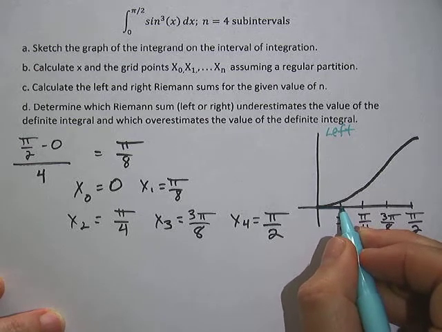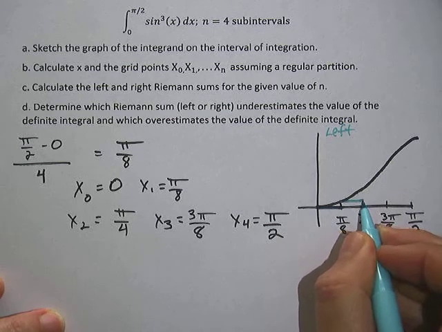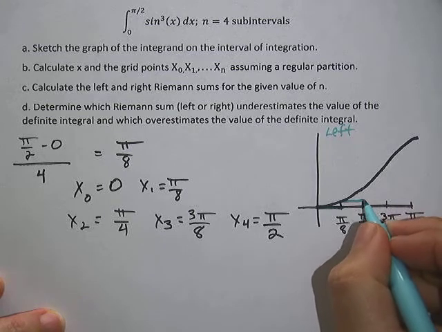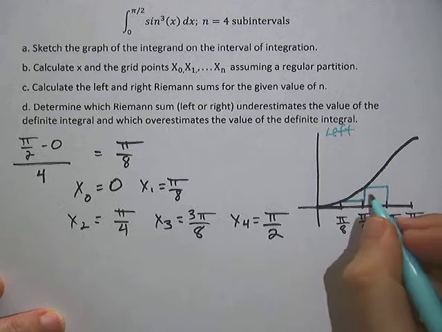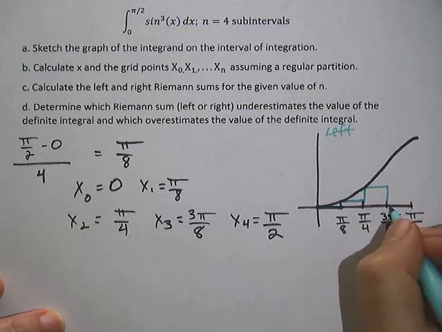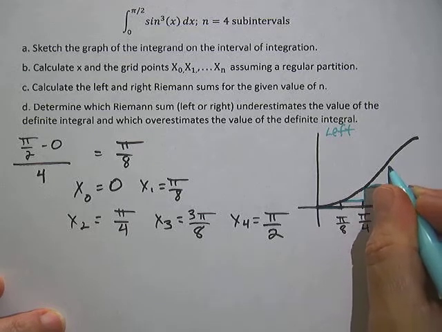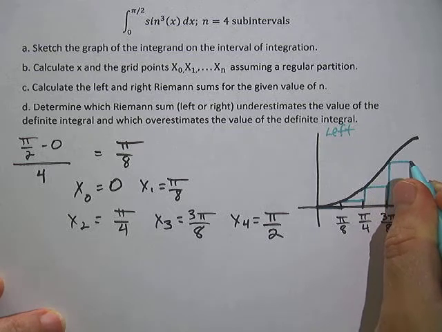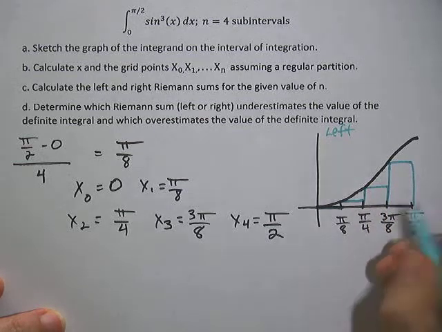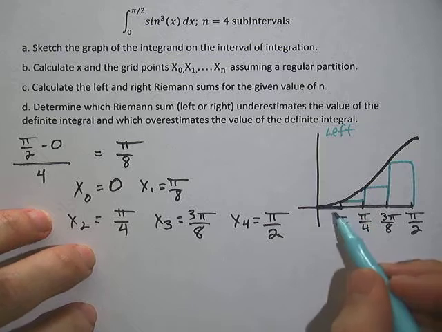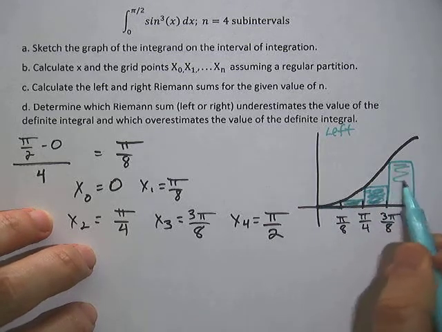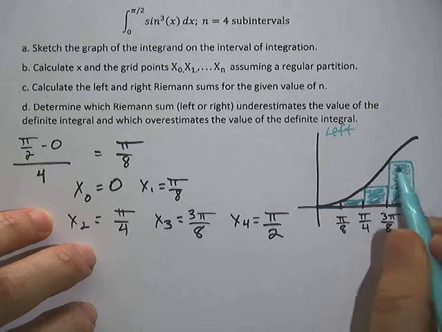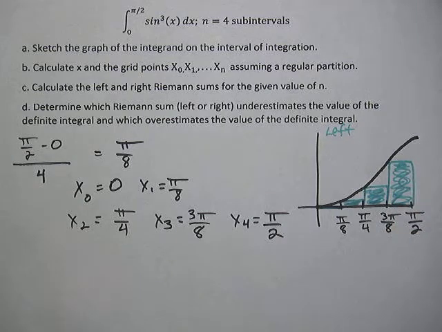Then we start here at the graph and go to the right, so that one's a non-zero rectangle. And then on this subinterval, create one where the height is on the left, and then for our last one, here. Based on that graph, this is what we're going to be calculating the area of. You can see that it's less than the actual area under the graph.